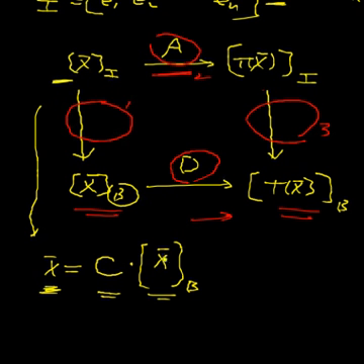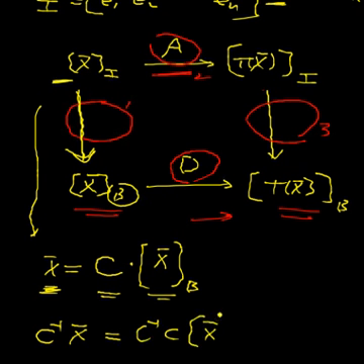Now, how do you get this? I'm trying to get a transformation going down from X_I to X_B. If we pre-multiply, I can get C inverse X equals C inverse C X_B.